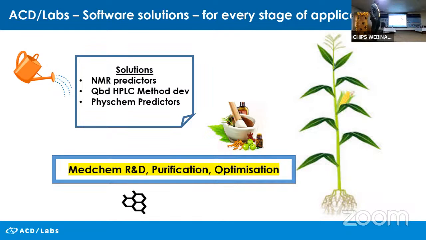There are some good tools to help you understand your compound, whether impurities are present or not. If you are getting a good compound, how to develop a good HPLC method to resolve all the impurities and purify the compound, how to optimize, how to purify the compound and characterize.